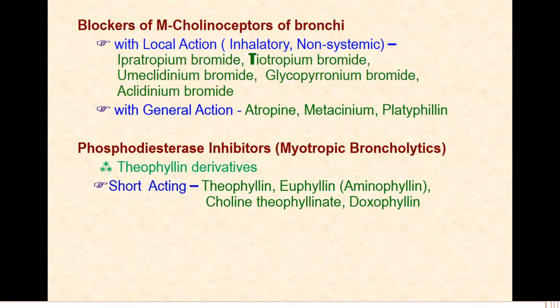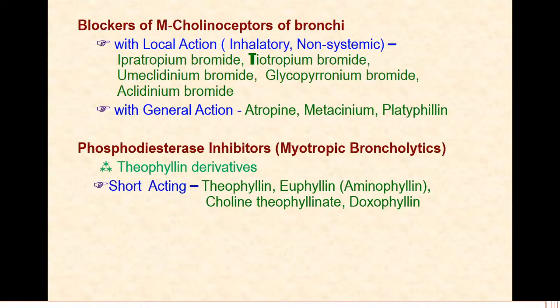Comparatively, the broncholytic activity of beta-2 adrenomimetics and local M-cholinoblockers is a little different. More active are beta-2 adrenomimetics. But M-anticholinergics, besides influence on smooth muscle, also influence on mucosa.